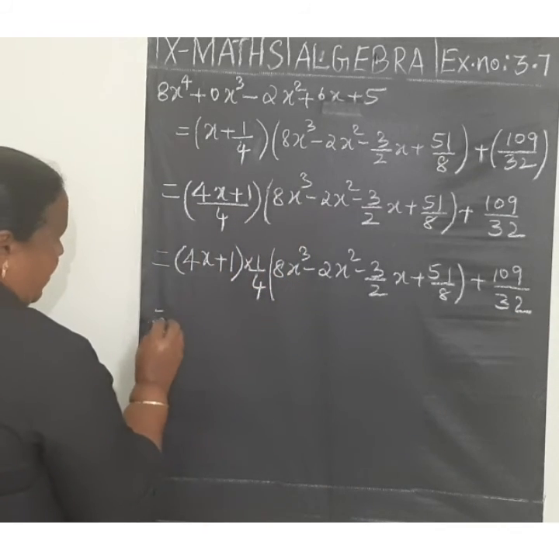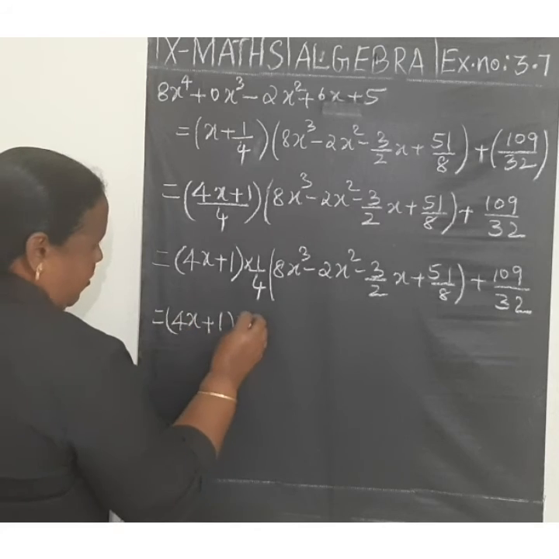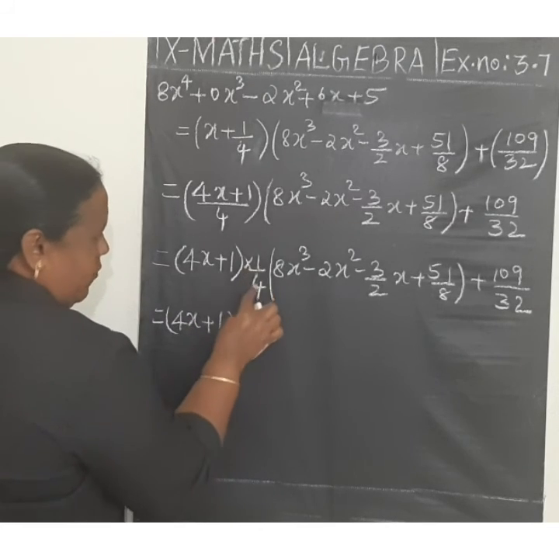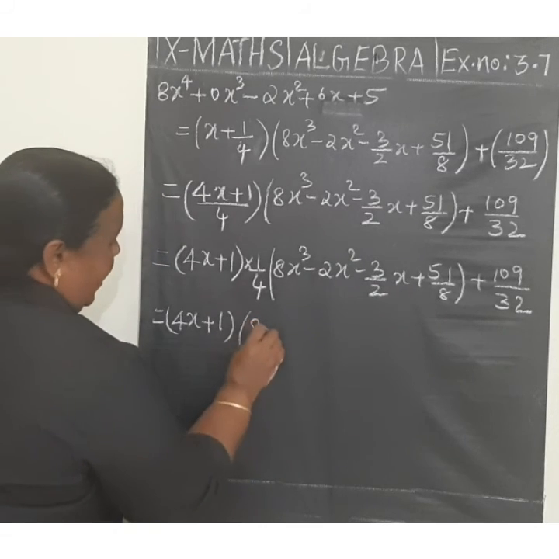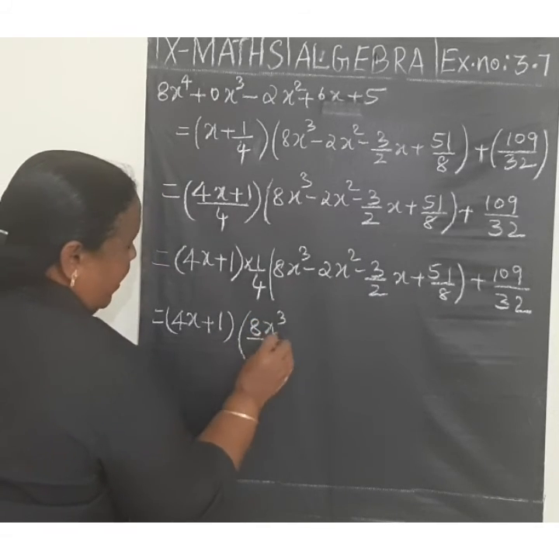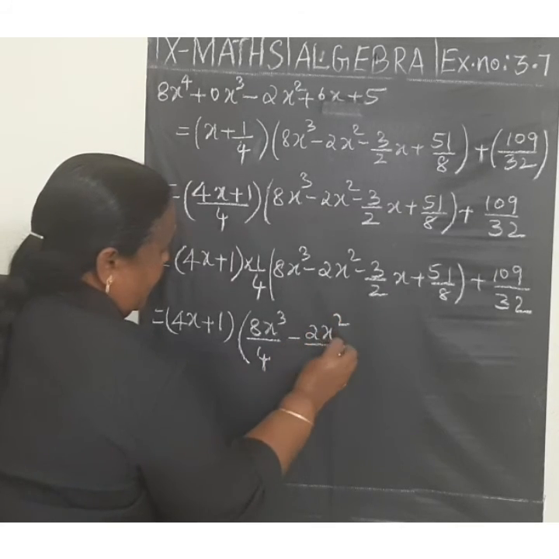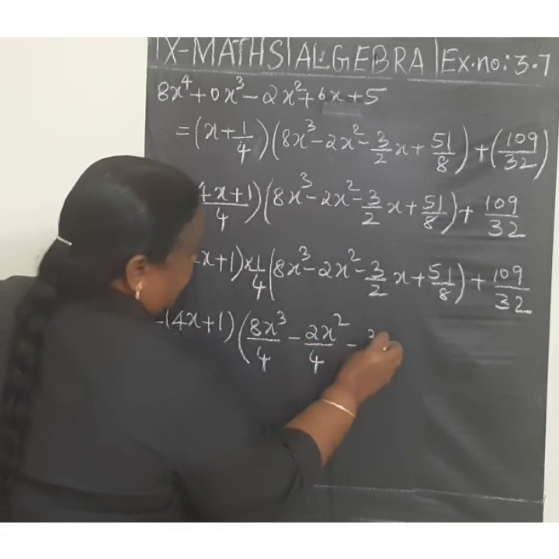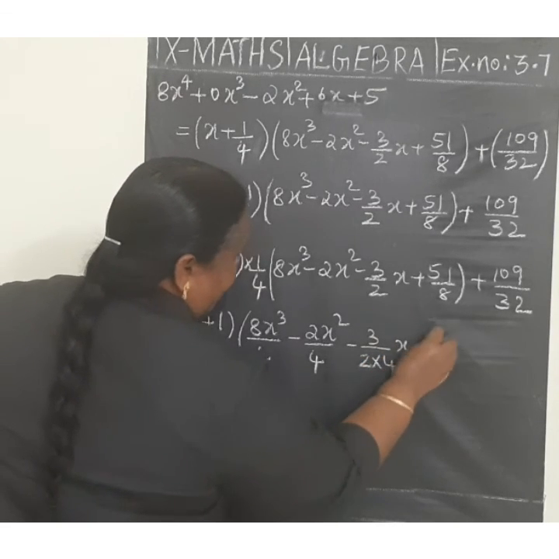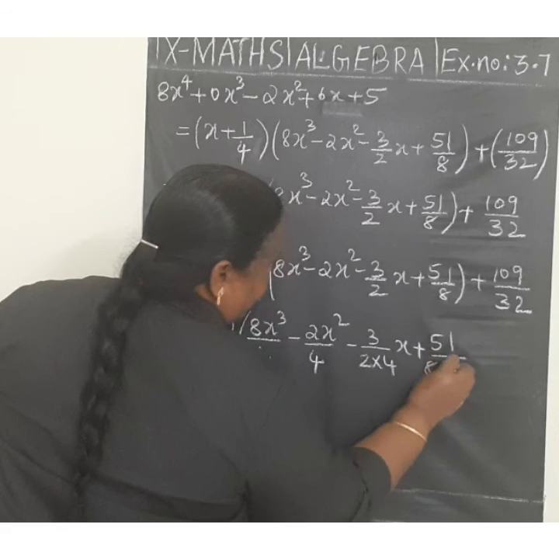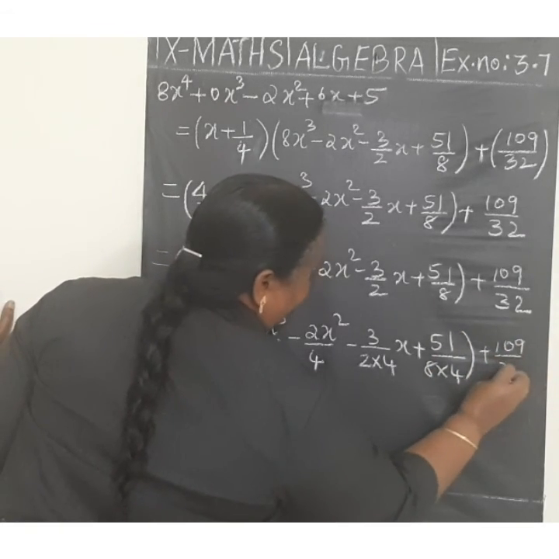Next, this 1 by 4 we multiply inside to each term: 8x cube by 4 minus 2x square by 4 minus 3 by 2 into 4x plus 51 by 8 into 4 plus 109 by 32.